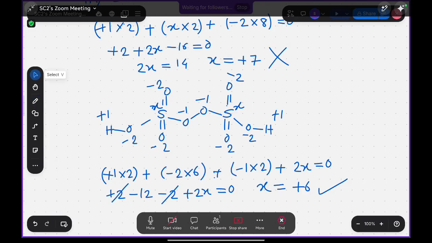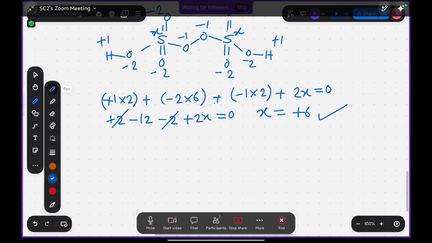Let's see another example. See, for example, if I choose a simple one, sulfur dioxide, SO2. Do I need to have peroxo bond here? No. We can verify from the calculation itself. If I take sulfur to be x into 1, and since the name itself says oxide, that means minus 2 into 2.